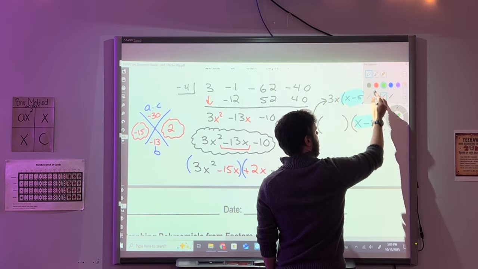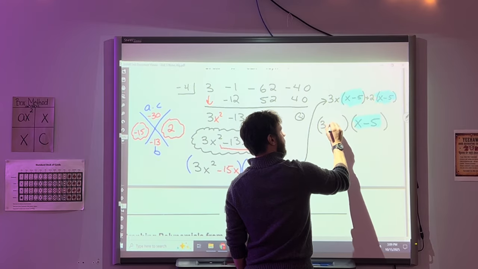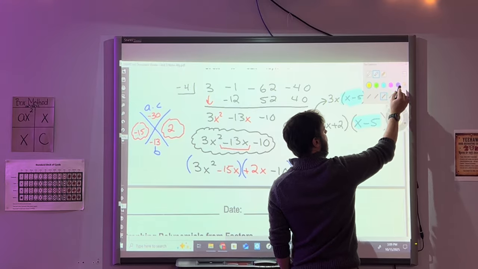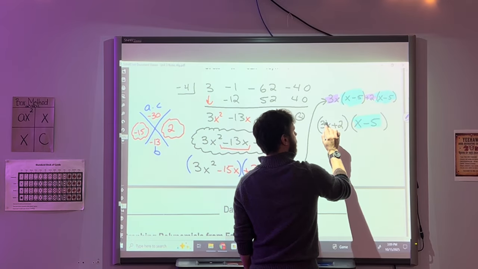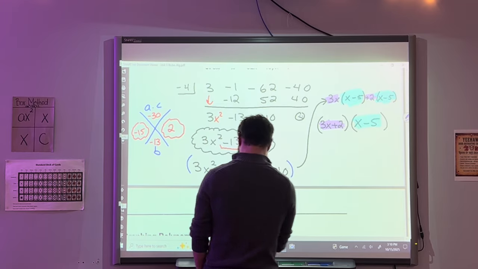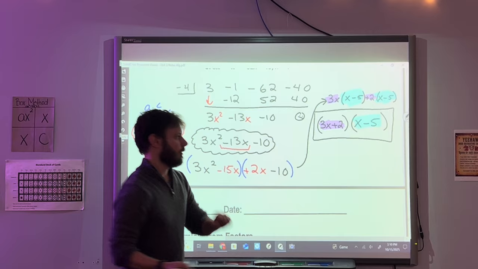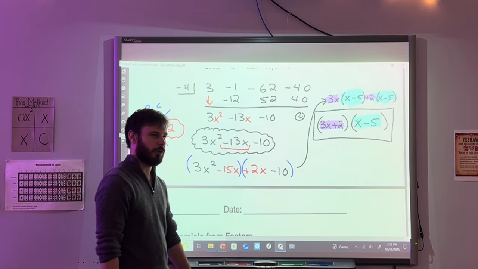What is the other thing? Whatever I pulled out. 3x and a +2. This is pieced together from this and this. Factor by grouping. Hopefully past me is good and taught you this.